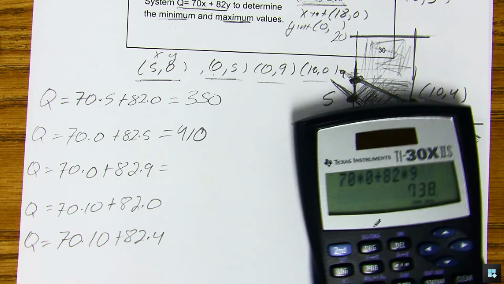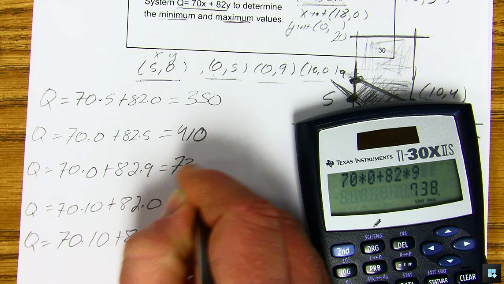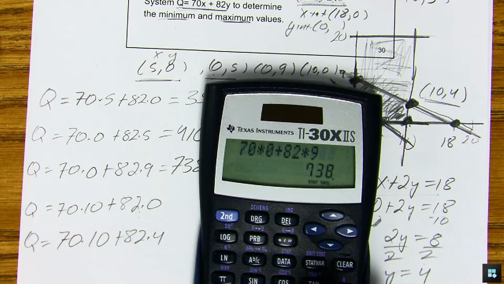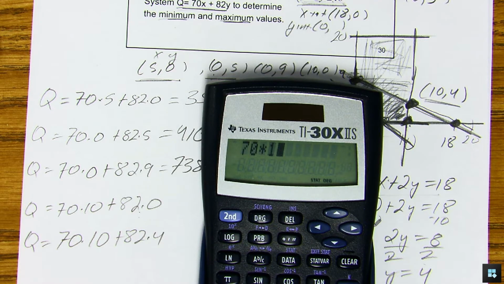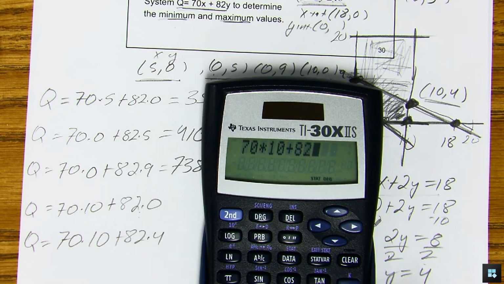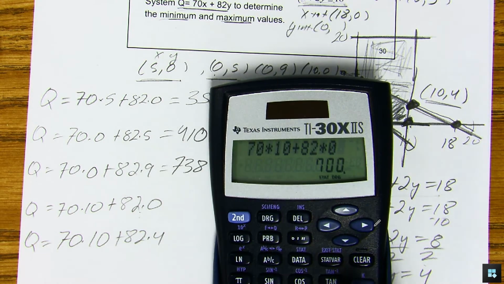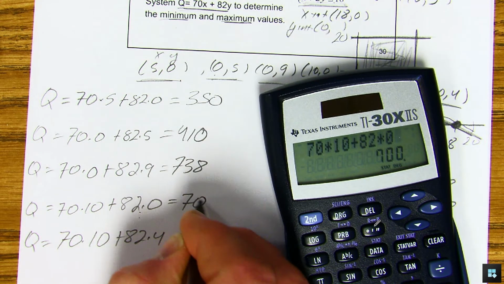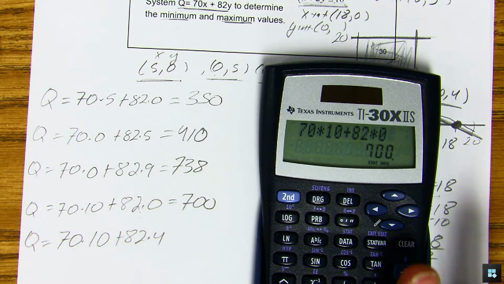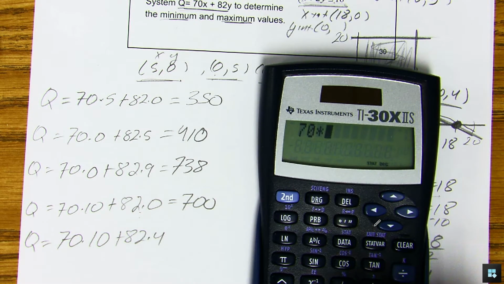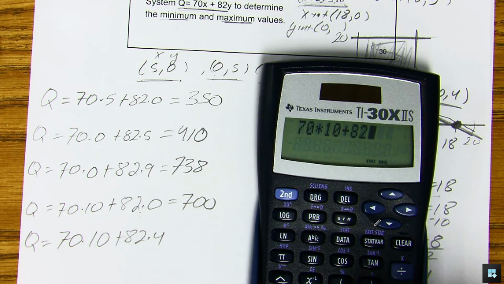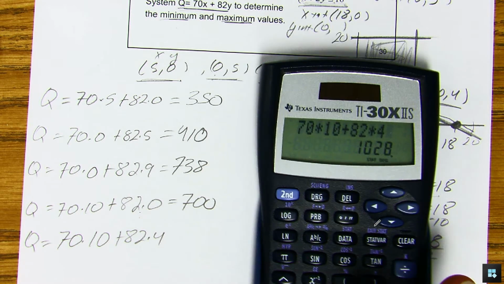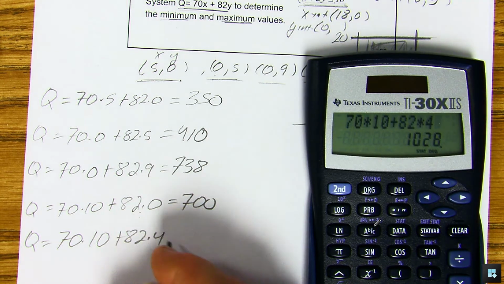That's going to give me 738. Now 70 times 10 plus 82 times 0 gives me 700. Now the last one, 70 times 10 plus 82 times 4, that gives me 1028.